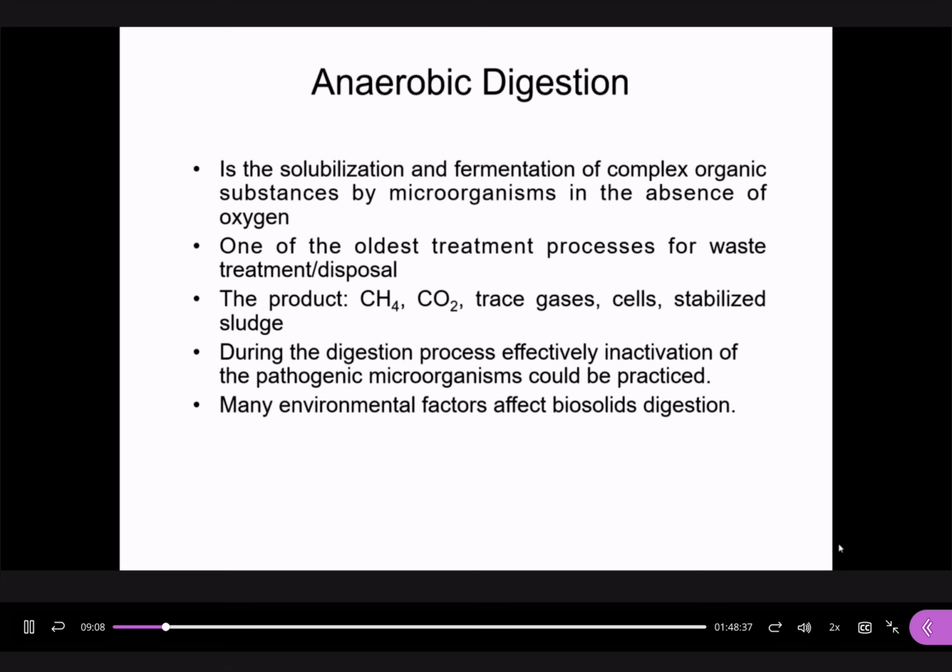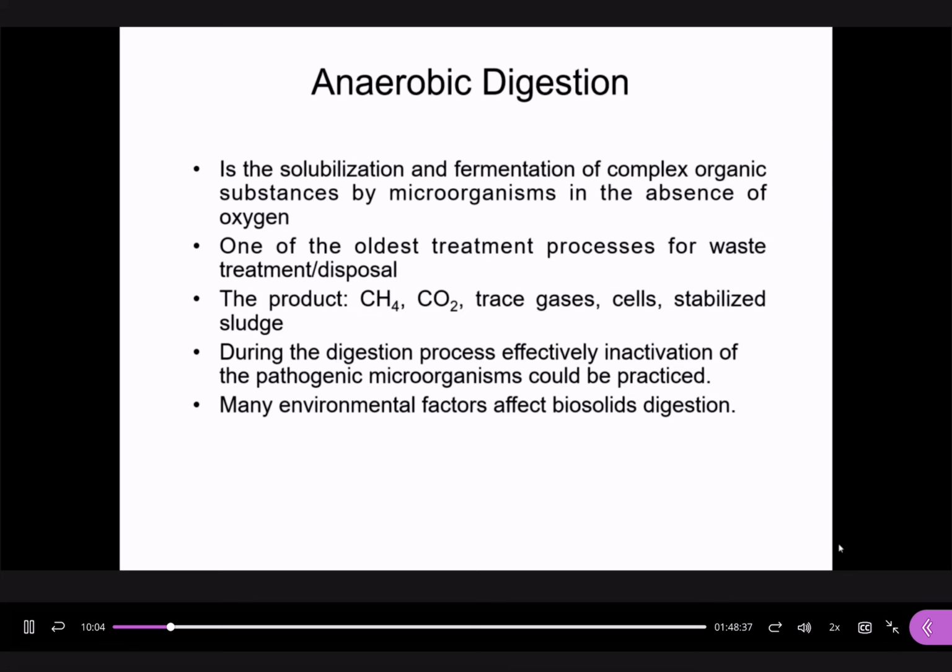And then fermentation. You heard of this fermentation? You drink wine. How is wine produced? Fermentation, right? So two steps: complex organic substances become smaller and soluble, and then fermentation. One of the oldest treatment processes for waste treatment and disposal. The product, methane, is useful, a renewable energy, right? And CO2, and some trace gases.